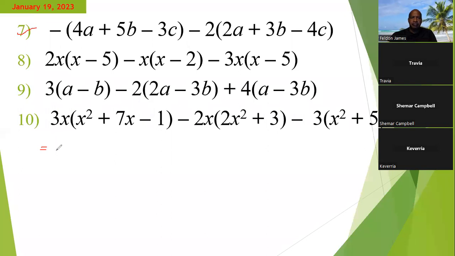I have negative 4A minus 5B. All right, so negative 4A minus 5B.